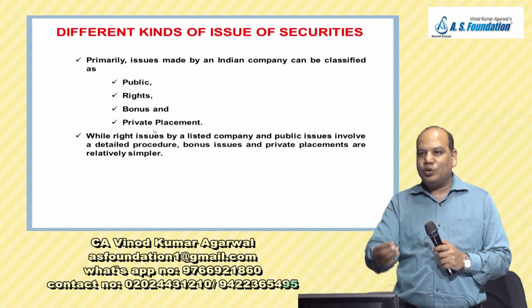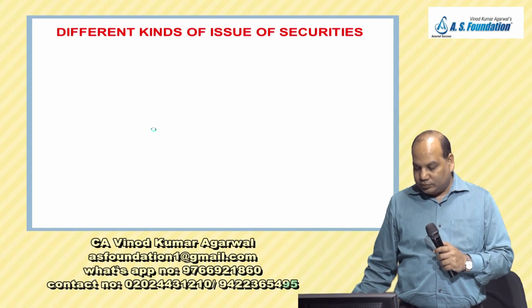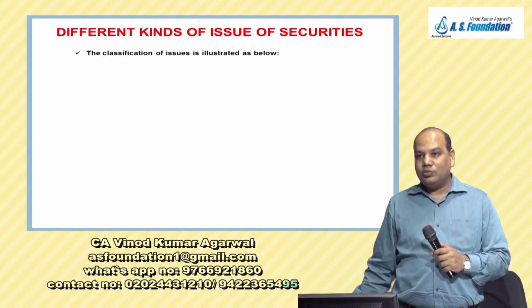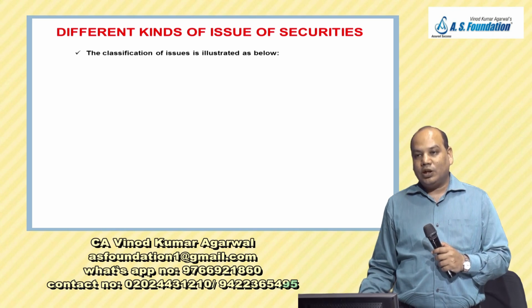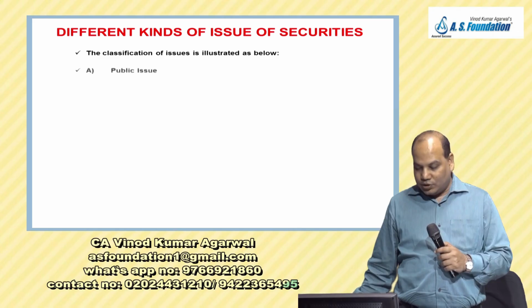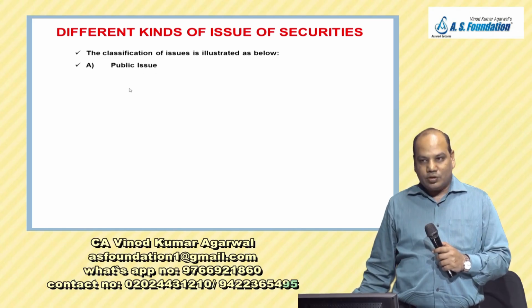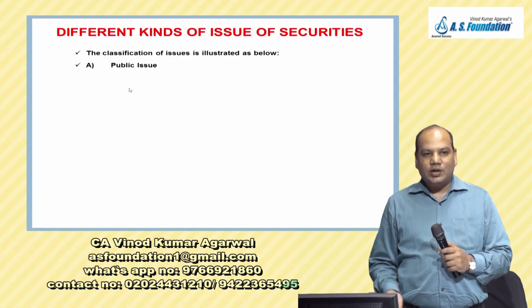In private placement, you have to deal with few investors only. So again, it depends on management. How do they want to raise funds? Risk involved, dilution, regulations, cost, all these factors are considered, and then they decide which method they are going to apply.